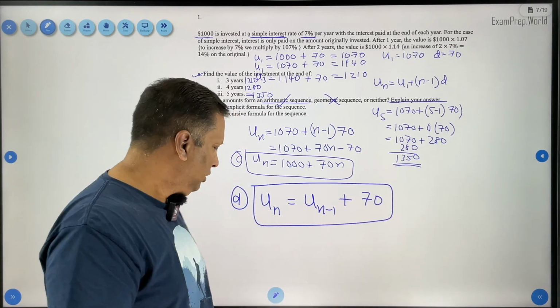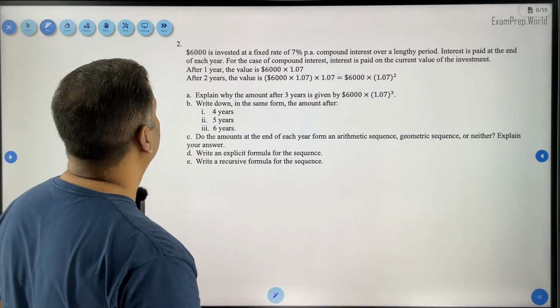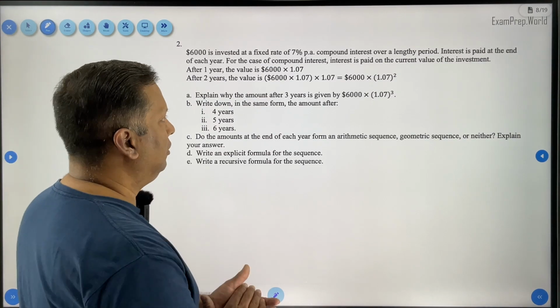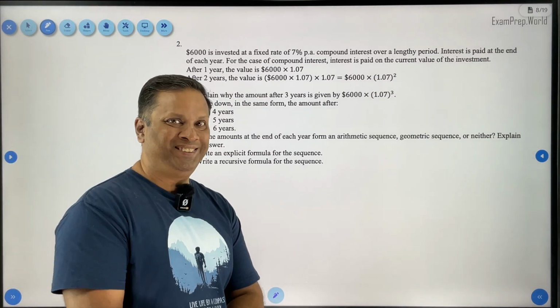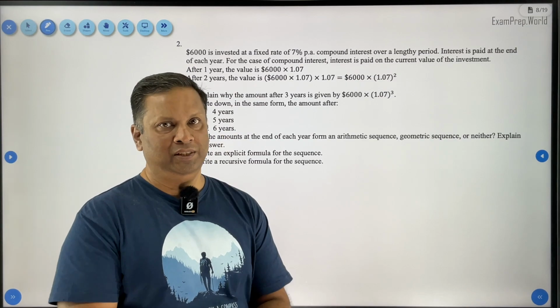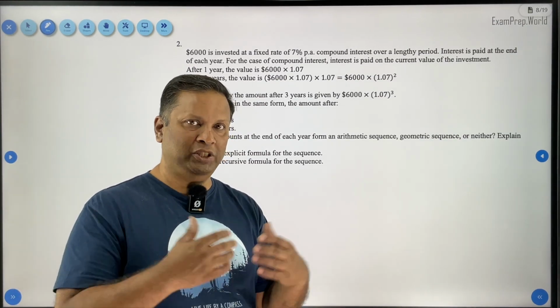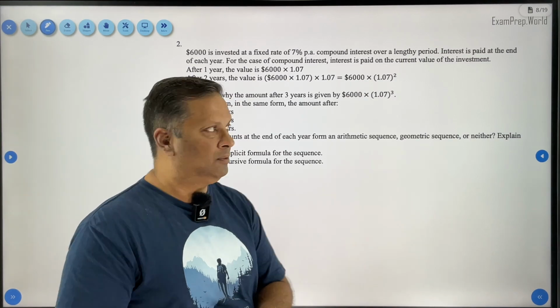Okay. So let me go to the next question. Now it is compound interest. Okay. Compound interest, what did I tell you? They follow GP. It is a geometric sequence, geometric progression. I say GP is geometric progression, GS is geometric sequence. Both are the same things.